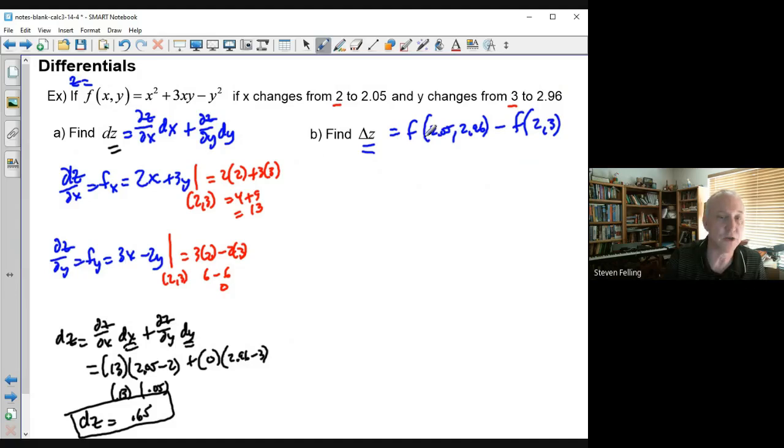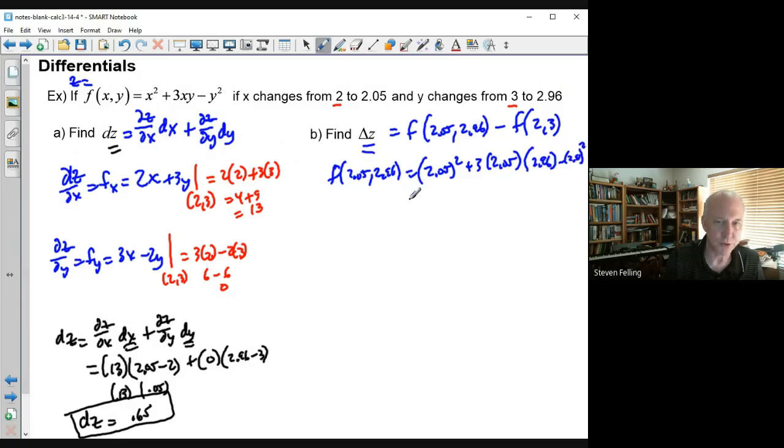So we would not use calculus at all, no derivatives. We would just plug 2.05, 2.96 into this function. I'll just show it being done here. We're plugging the 2.05 in for the x, and we're plugging the 2.96 in for the y, minus the 2.96 squared.